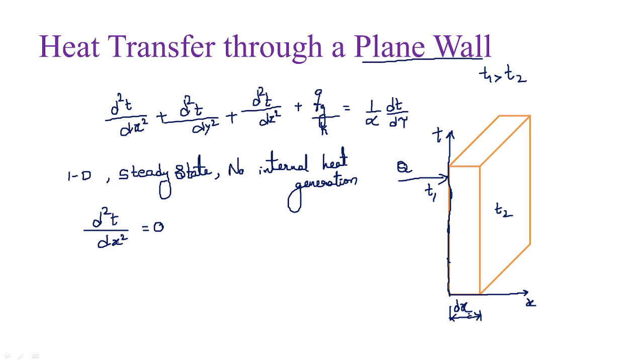Now, our requirement here is that we need to determine how heat transfer is taking place through this plane wall. The second thing is how the temperature distribution will be within this thickness of the wall, whether it is linear, parabolic, hyperbolic, or logarithmic.